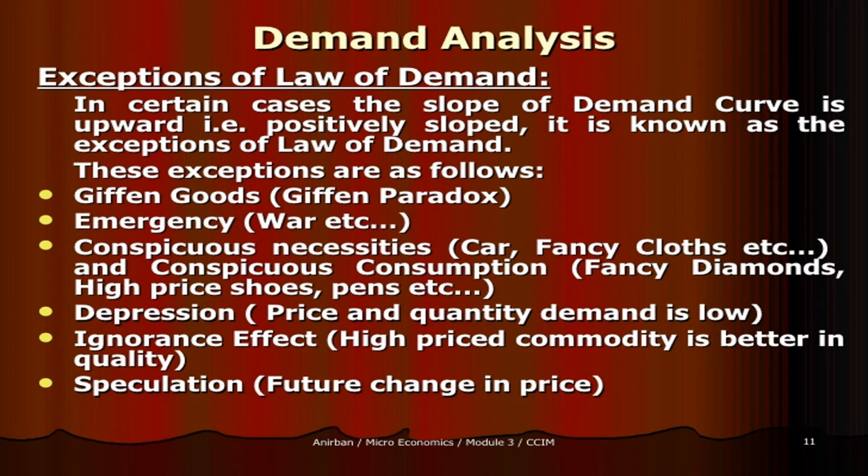The next one is conspicuous necessities like cars, fancy clothes, etc. It is known as Veblen goods or the Veblen exception to the law of demand.